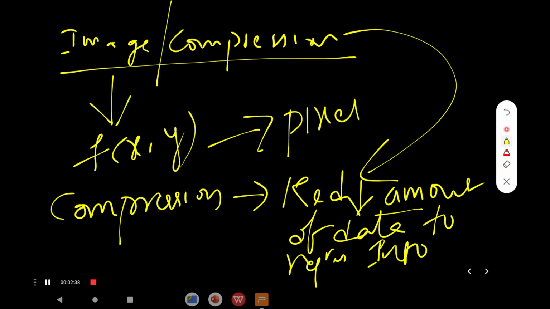It is a heavy burden to store such an amount of information. If you reduce the amount of data, we can reduce the space required to store images, videos, or anything else. That is a basic need.